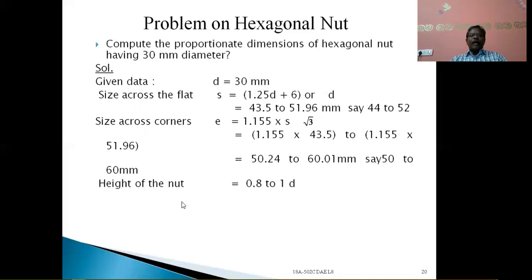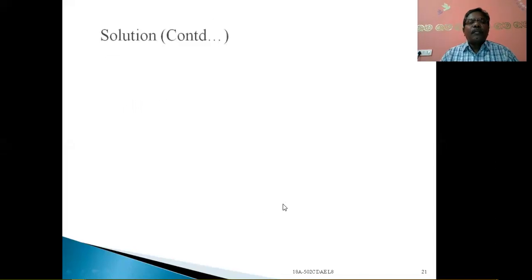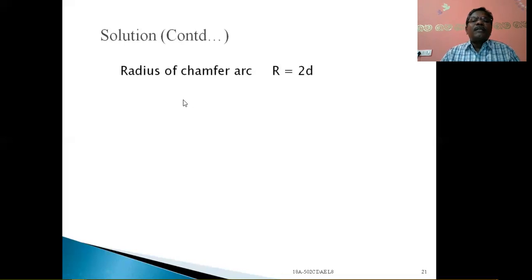The height of the nut is equal to 0.8D to 1D, and that value may be 24 to 30 mm. And radius of chamfer arc is equal to 2D, whereas in case of hexagonal headed bolts it may be 1.5D.